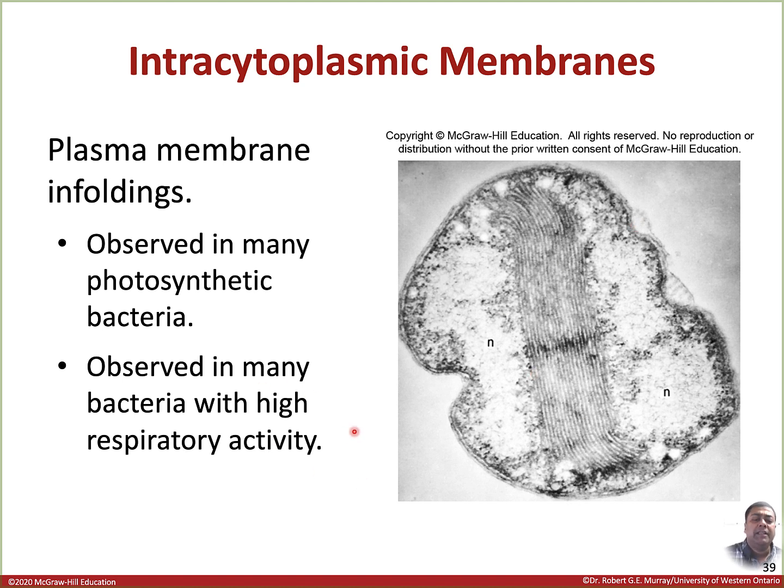On the other hand, some bacteria with a high respiratory activity also have these stacks of membrane. The reason being that the respiratory enzymes are associated with this membrane, and that aids in the high respiratory activity. So the membrane simply acts as a place to hold those electron transport or other enzymes in a particular position.